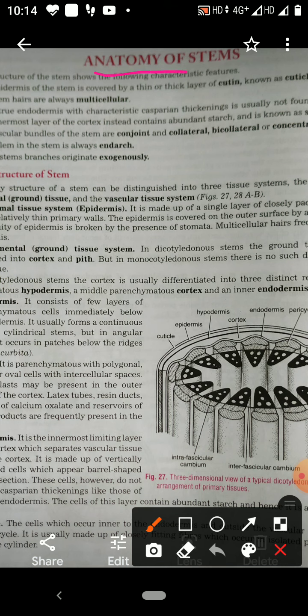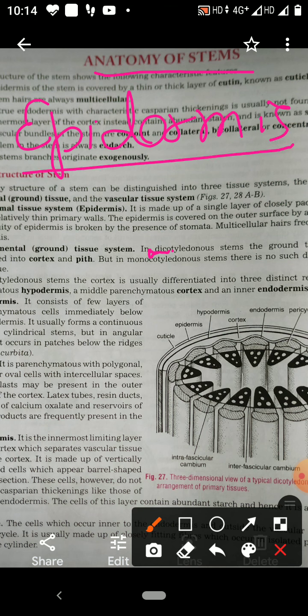See, this is the anatomy of stem. When we study the internal structure of stem, we find different structures. The outermost layer is epidermis.